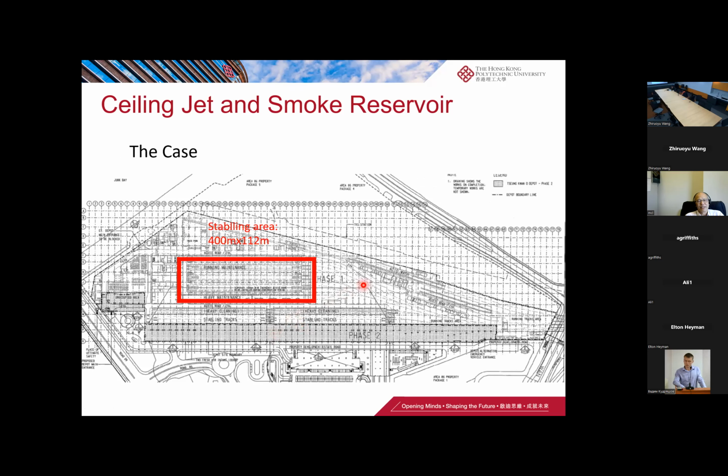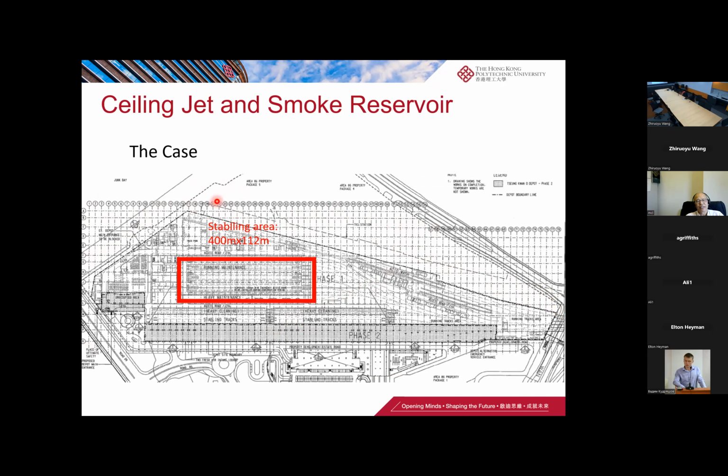The reason, the story behind this assessment, is from a very large depot of the Hong Kong metro system. This depot is the biggest depot in Hong Kong, possibly not the biggest in the world, but biggest in Hong Kong. The depot area is this shape.